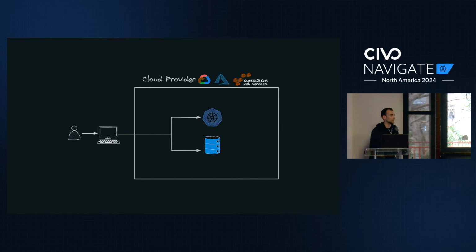Some people call it ClickOps, go through the CLI or the UI and generate a resource. So in this case, I know we are in Texas, it's not an oil barrel, it's actually a database. And the other one is a Kubernetes cluster.